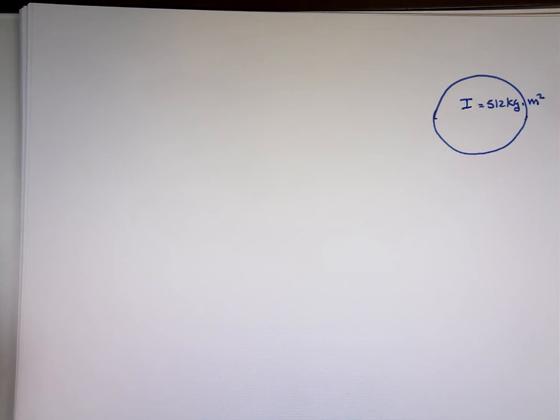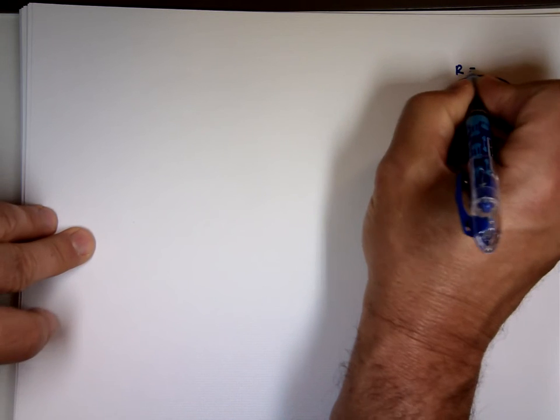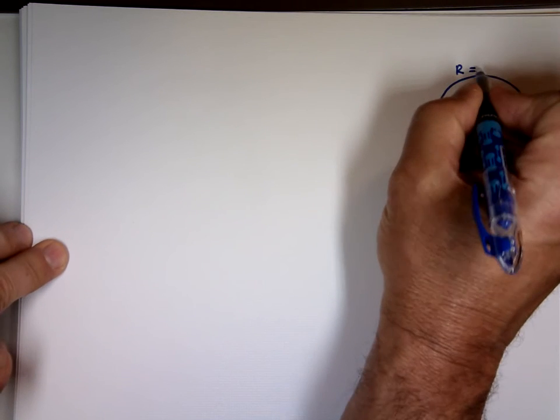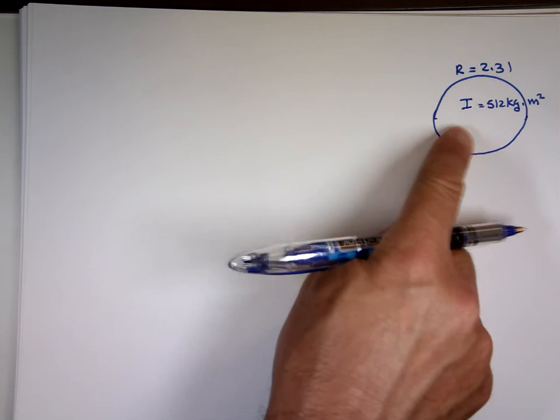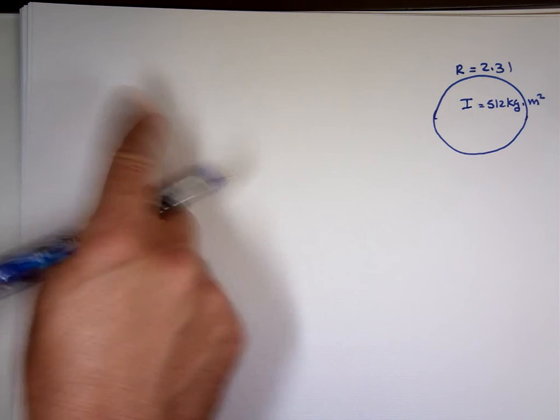It has a radius r of 2.31. So I could tell you how heavy that merry-go-round actually is if I work it backward. This is a solid disk. If you've been on a merry-go-round, you know it's a platform. It's solid, not hollow. You can walk on it. So it's a solid disk, 1/2 mr squared, that's the inertia. Since you know that number and you know r, you can find the mass.